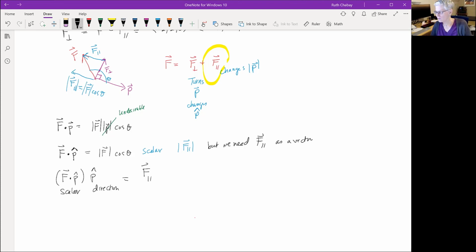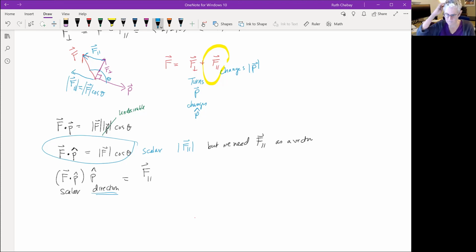Well, so Seth asks, would it be possible to take the magnitude of F and multiply it by sine theta and cosine theta? No. You want to multiply it by cosine theta. So you want the magnitude of F times cosine theta to give you the magnitude of this, but you're still stuck with a scalar. So you still need to multiply by a unit vector in the direction of momentum to get it in the right direction.